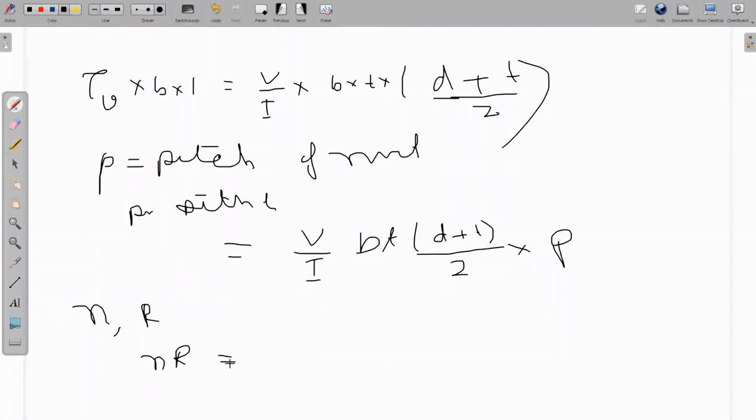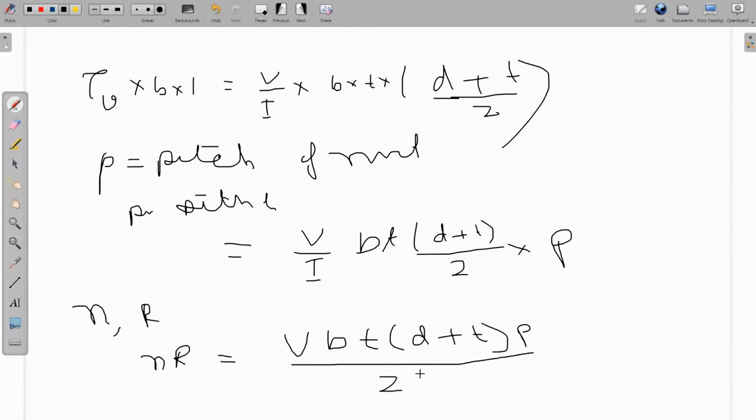That is the horizontal shear force. That is equal to V by I into B T into D plus T, P divided by 2.